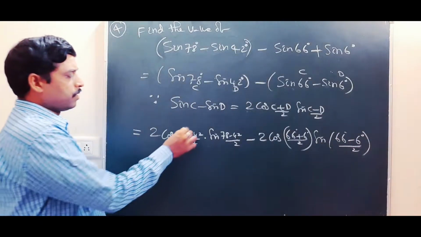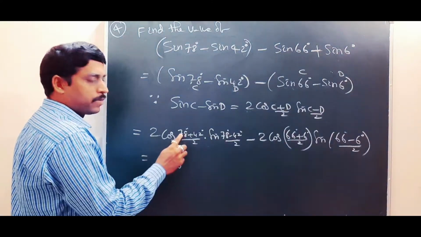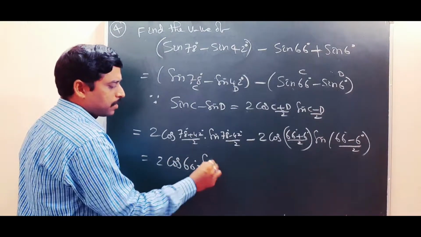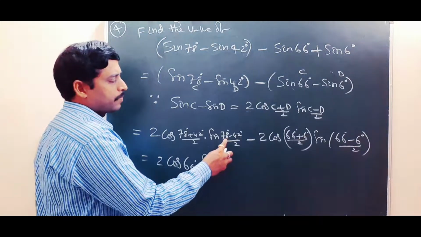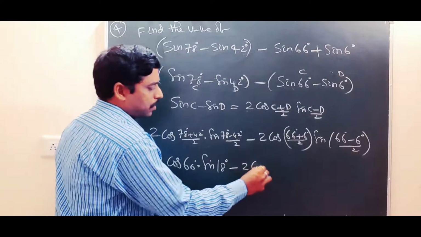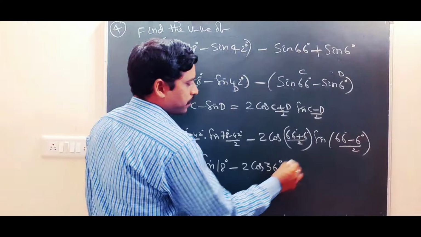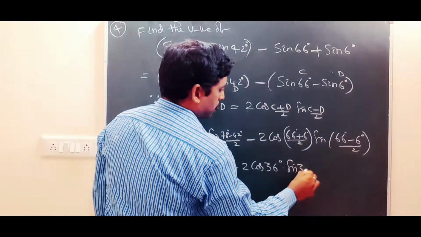So it is going to be 2 cos 78 plus 42, 120 by 2, this is 60 degrees, sin 78 minus 42, 36 by 2, 18. Then 2 cos 72 by 2, it will be 36, sin 60 by 2 is 30 degrees.